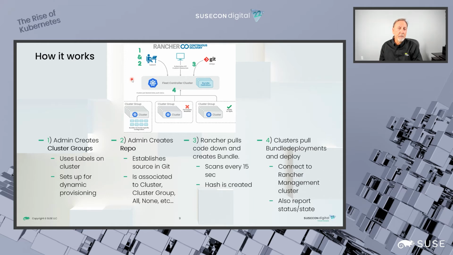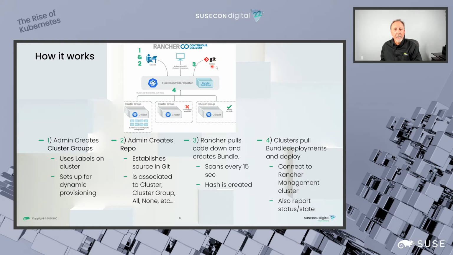And then once that definition is done, Rancher then, in step 3, reads that repo that was defined in step 2, goes up to the GitOps repo, collects whatever is there, and creates what's called a bundle definition and stores that from within Rancher. Now, Rancher will poll that GitOps repo by default every 15 seconds, looking for new changes, any new commits that have been given.